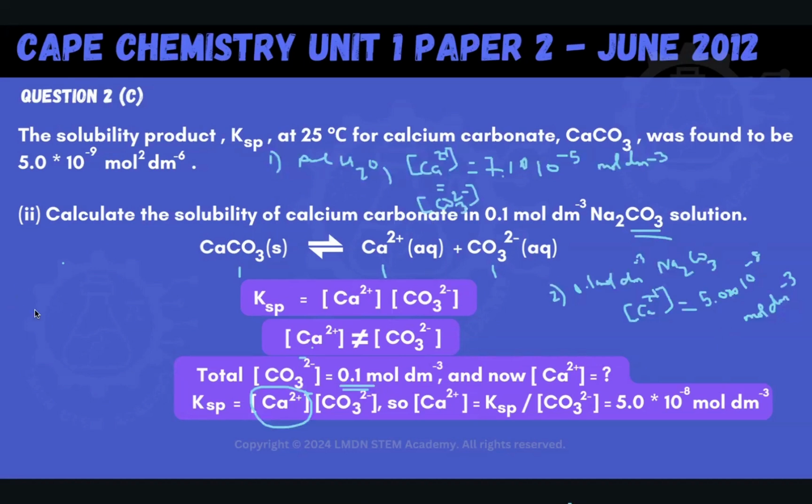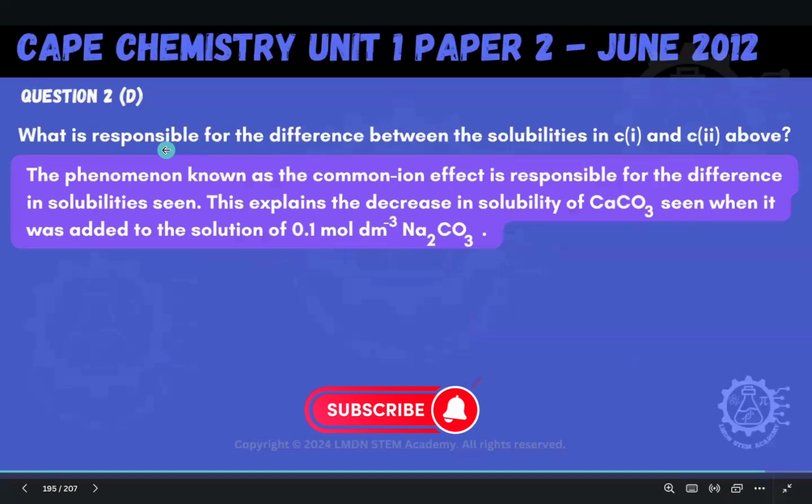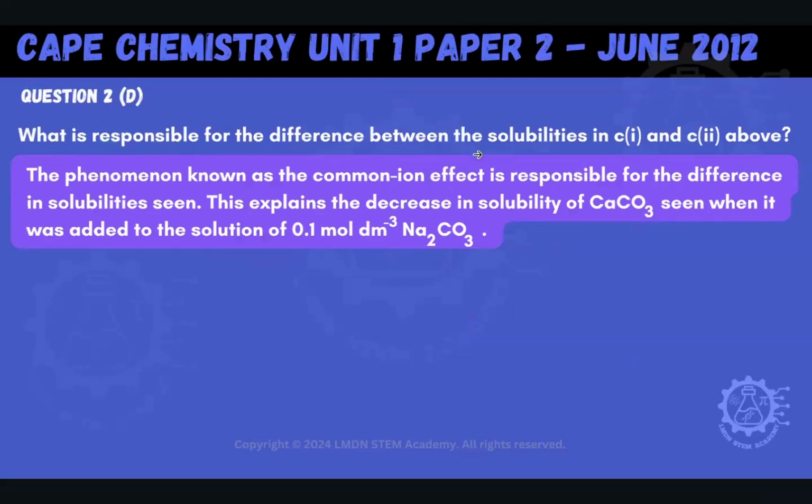Okay, so let's move on to the other question. The question says, what is responsible for the difference between the solubilities in C part 1 and C part 2 above? The phenomenon that is known as the common ion effect is responsible for the difference in solubility seen.